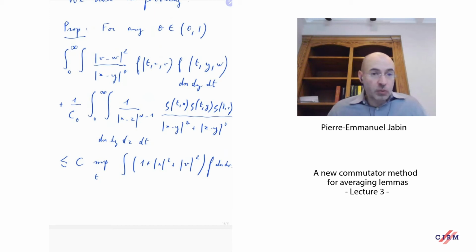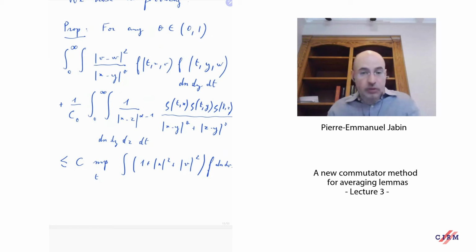Now, you're asking me what kind of assumption I'm making on F initially? Nothing, right? So F could be a measure at this point, or any approximation to a measure, and you would still get that. So there's no regularity, there's no LP bound whatsoever of F that shows up in this estimate.